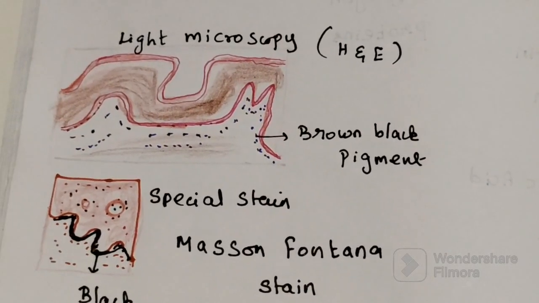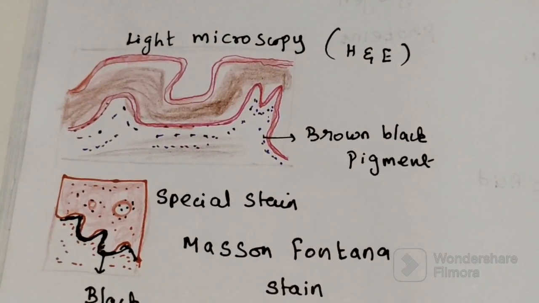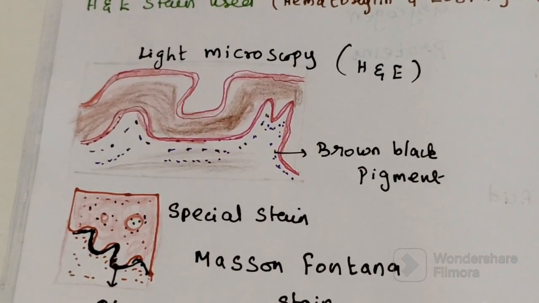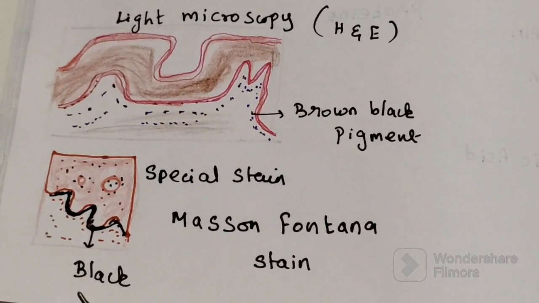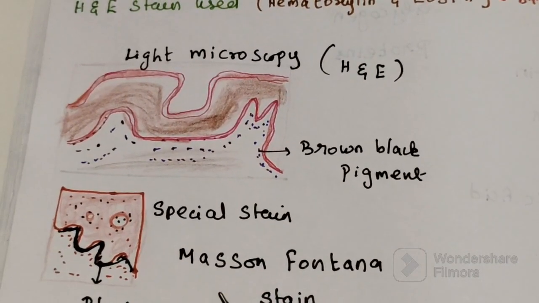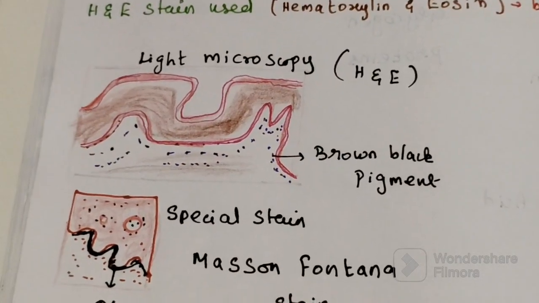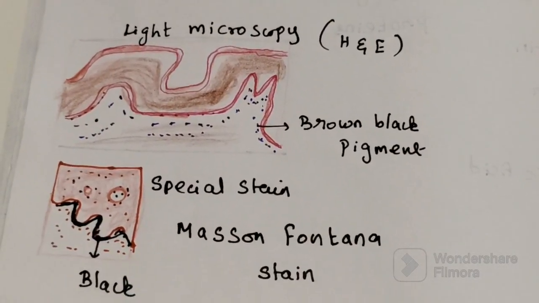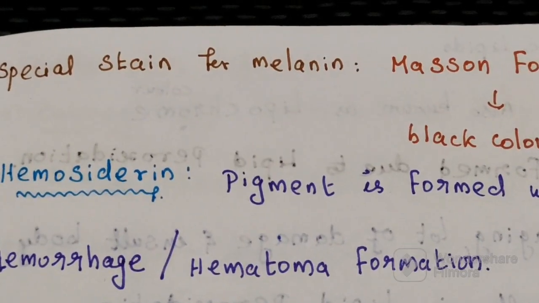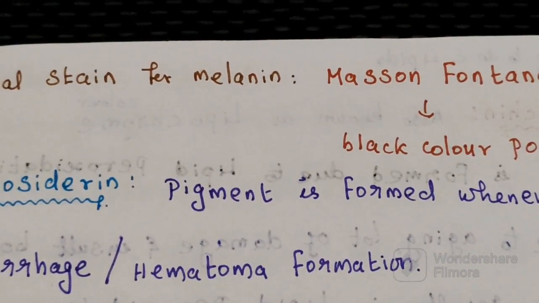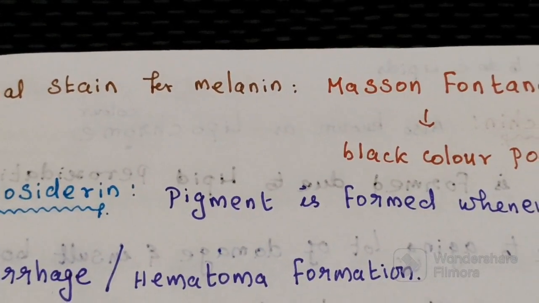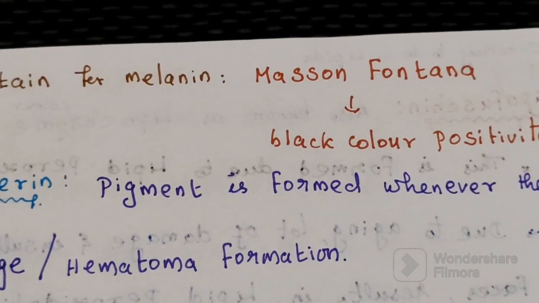When we stain and look under the microscope, what color will we get? A black color. So the pigment is brown black, and Masson-Fontana also gives a black color.